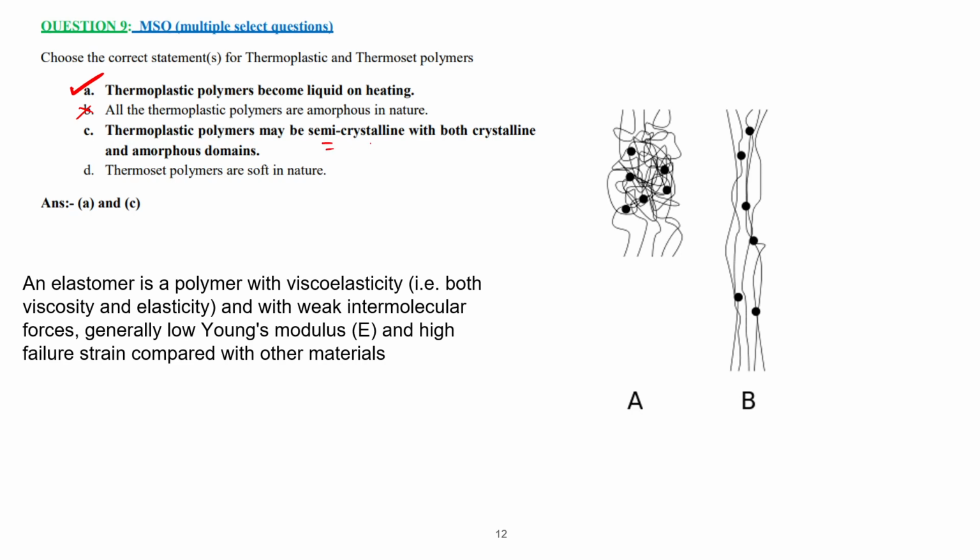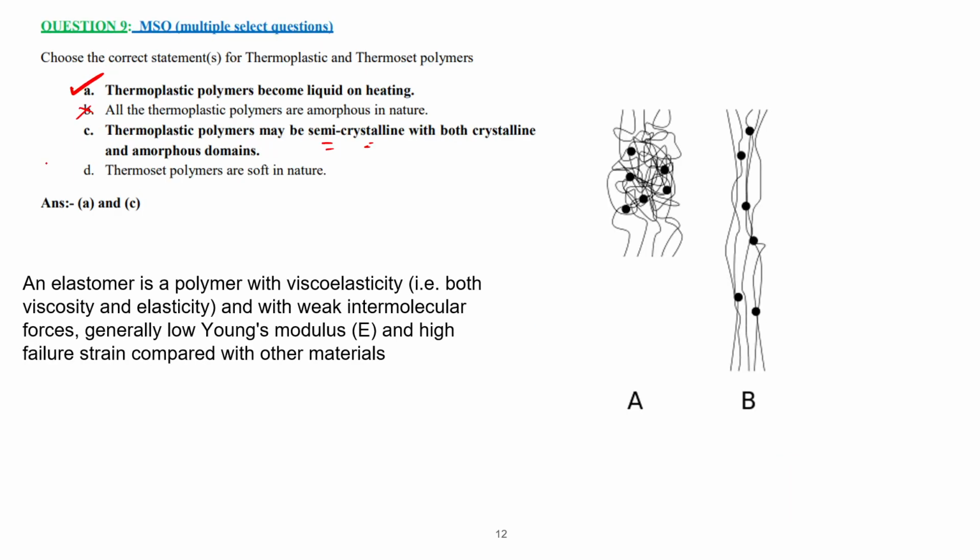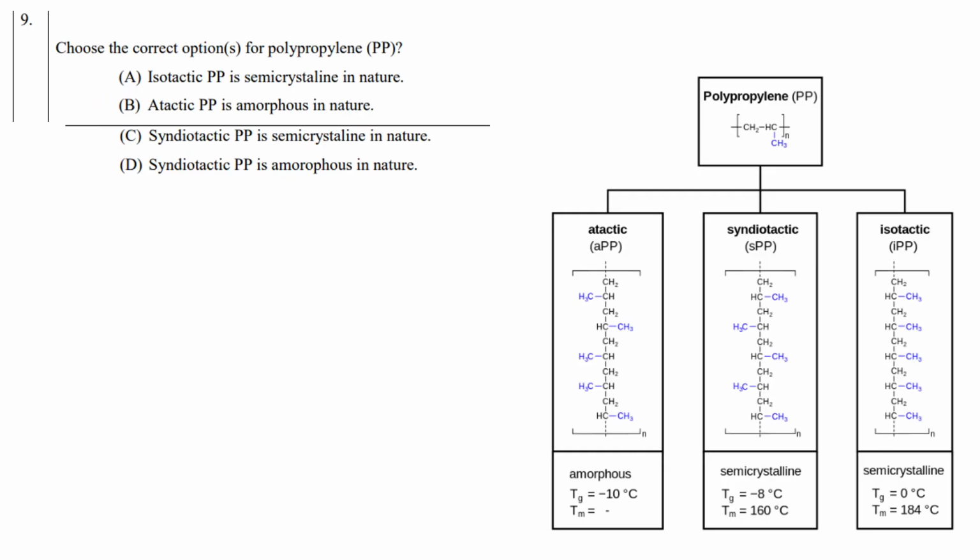Obviously both can be present, so these kinds of properties are there. The statement about thermosets is not true because they are solid and have a high Young's modulus. So that's what we have seen. A and C would be your options.